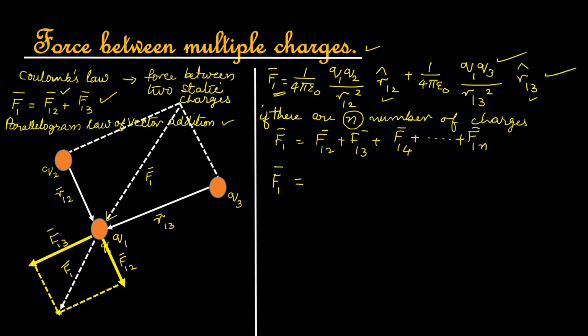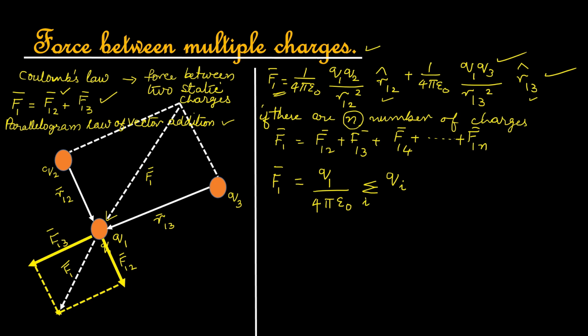It can be simplified and written as F1 is equal to Q1 by 4 pi epsilon naught sigma. This is the symbol for adding up. What remains? Q2 by R12 raised to 2 into R12 cap, then Q3 by R13 raised to 2 into R13 cap, up to Qn, that is nth charge.